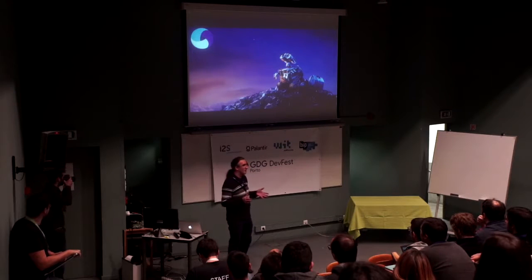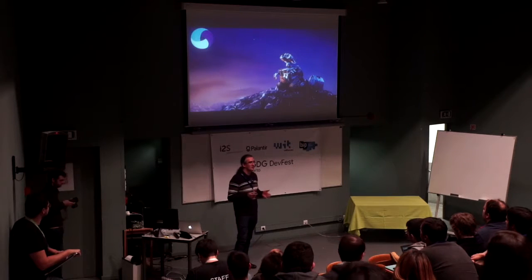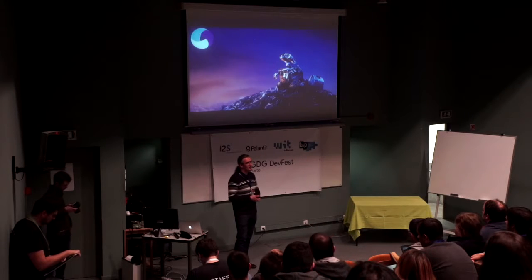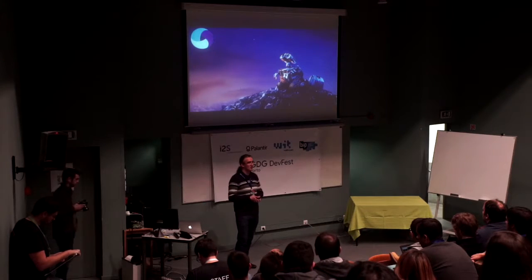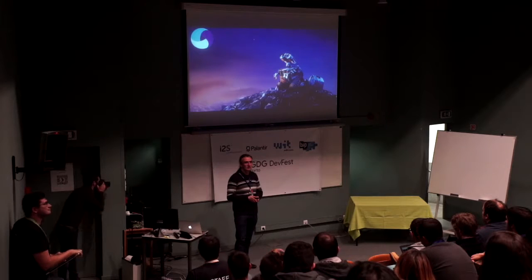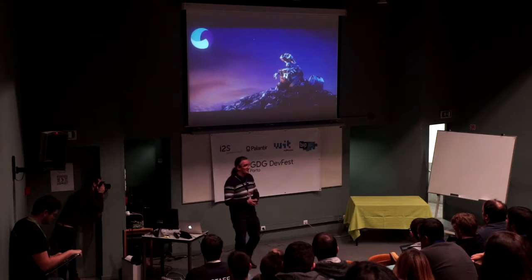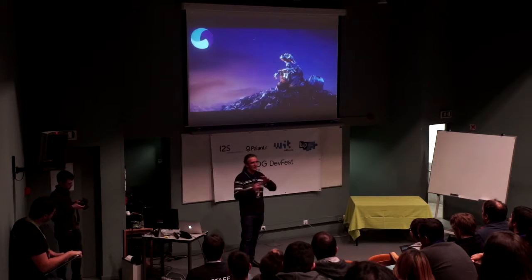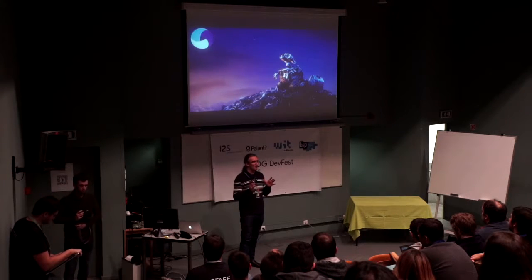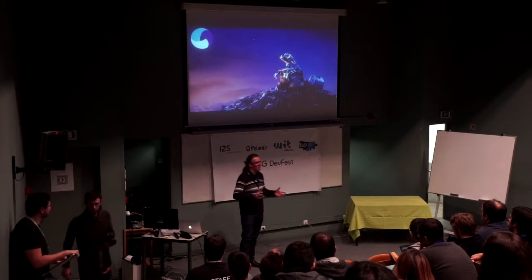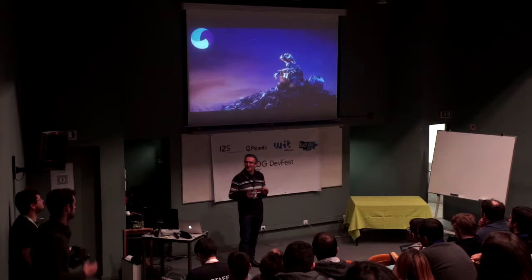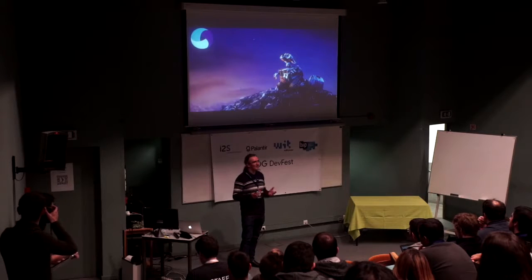Especially because we are at a Google-sponsored conference, one of the very cool books I read this year was How Google Tests Software. Anyone read that book? No, you should. It's great. Basically, how they test software at Google is that they created a team which they don't call a QA team or software testing team or whatever. They call it productivity engineering, which is a fancy name. But what they did was very clever.